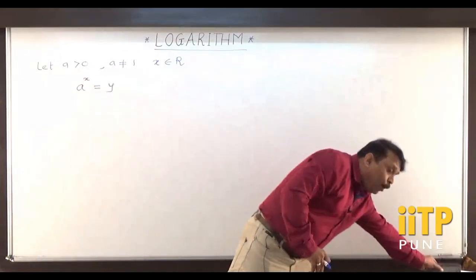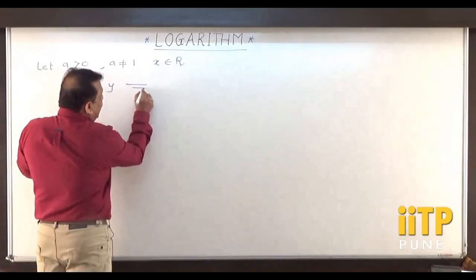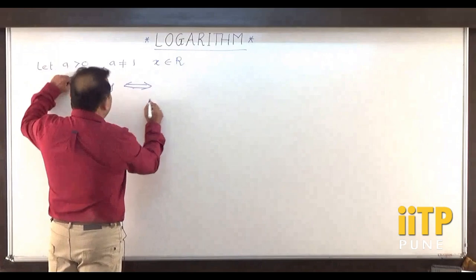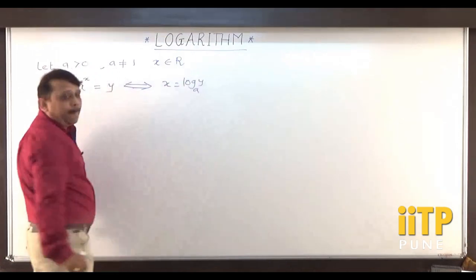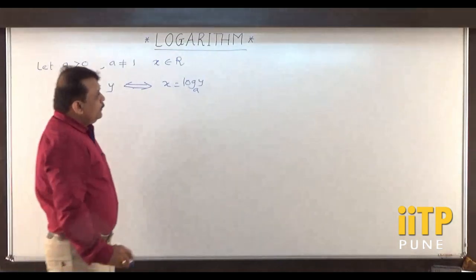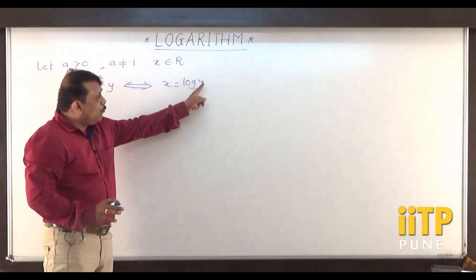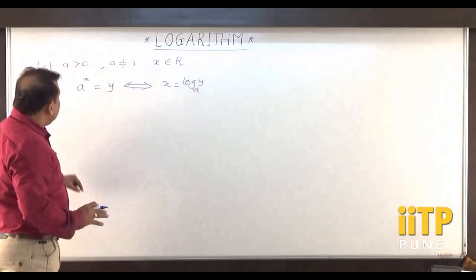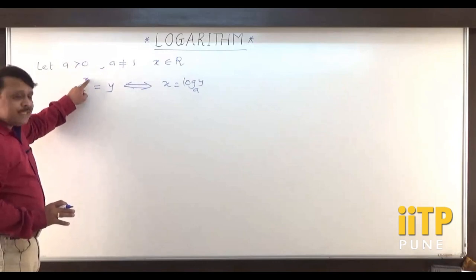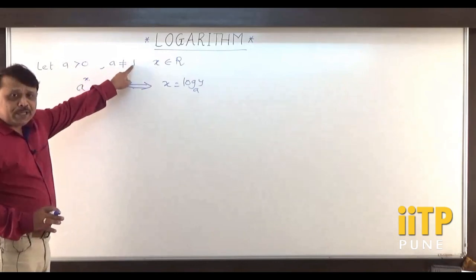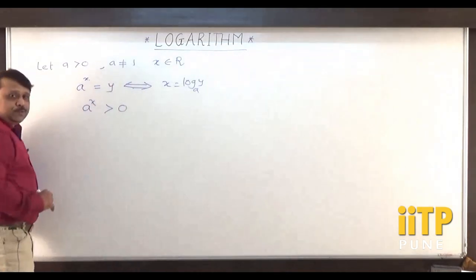So these are the two forms that we have seen. One is exponential form, and from this I get the logarithmic form, that is x is equal to log y to the base a. Here, when I write x equal to log y to the base a, remember that a raised to x, because a is positive, x can be any real number, and a is not equal to 1, is always positive.